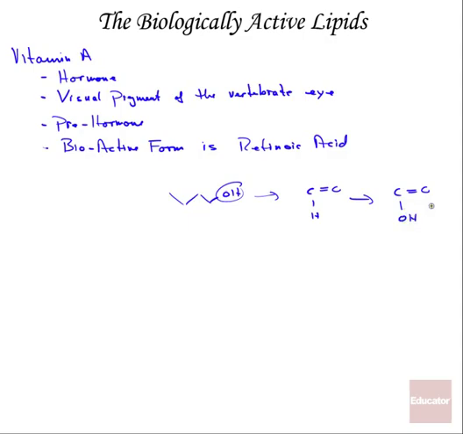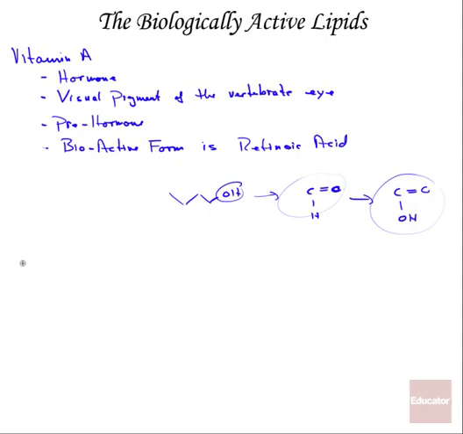Everything else stays the same. When it's turned into the retinoic acid, that becomes the active form of the hormone that goes and does what it does. That's a different function from its function as a visual pigment. So it acts as a visual pigment in one form called retinal, the aldehyde form, and it's oxidized again to retinoic acid. It goes and does something else, and it serves another hormonal function.